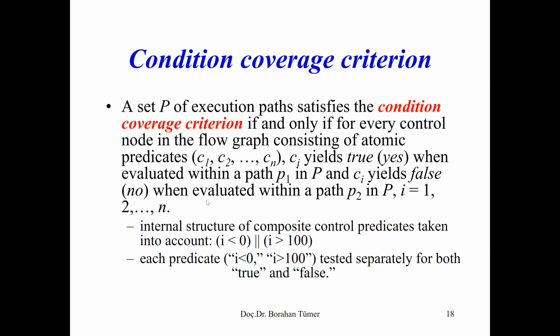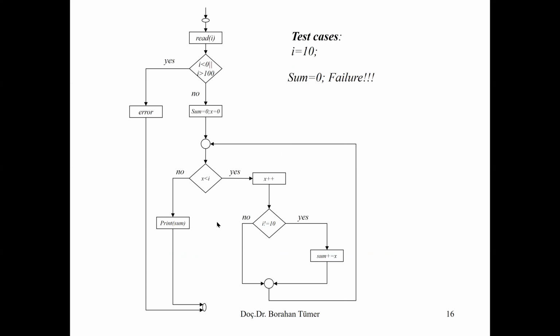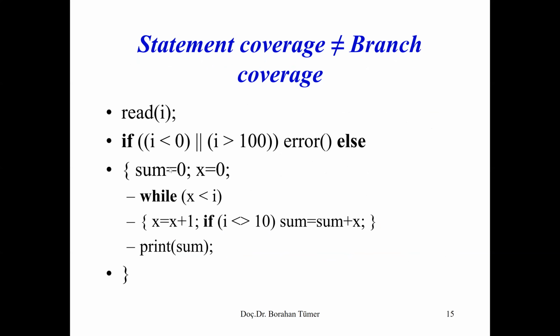Here we're talking about the internal structure of composite control predicates being taken into account. Like, for example, in this one, let's go back to our example. Here we have i is less than 0 or i is greater than 100.